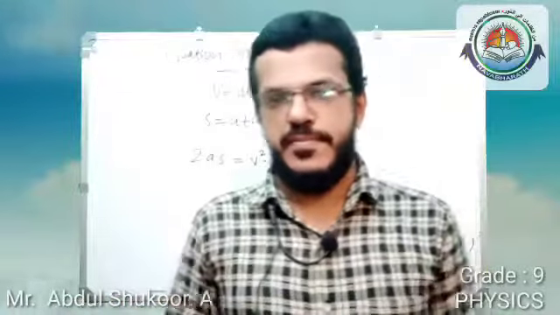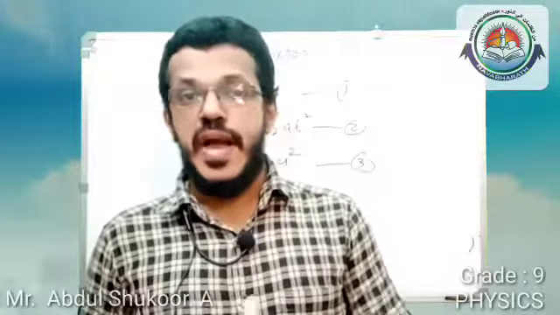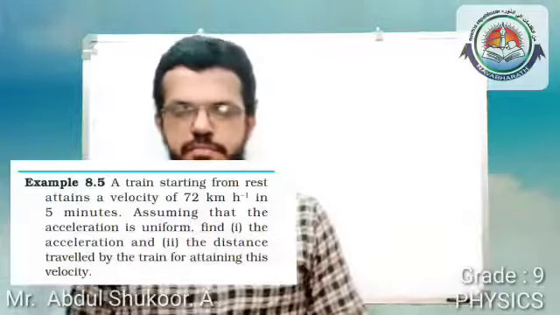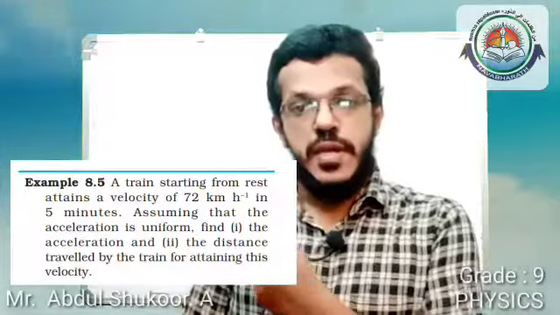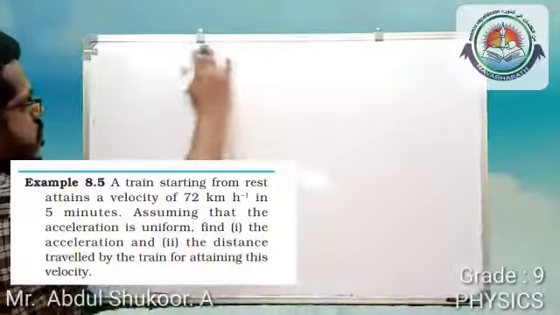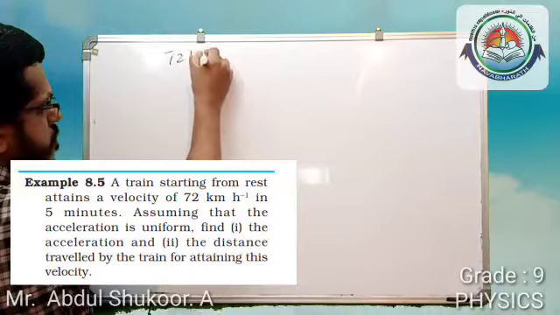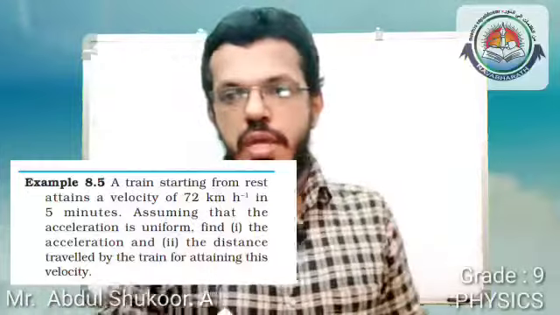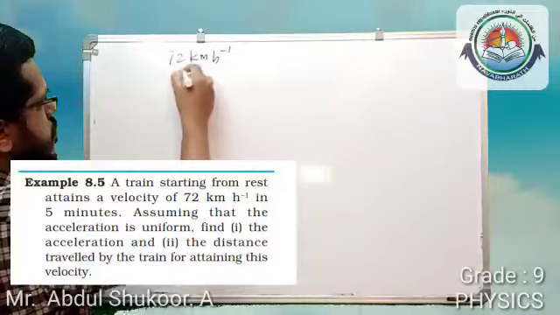minus u square. Okay, let's do some problems regarding these equations. What is the first problem? A train starting from rest attains a velocity of 72 km per hour in 5 minutes.